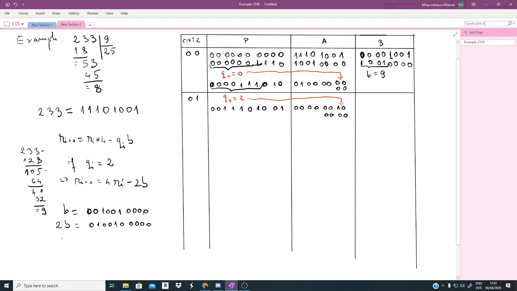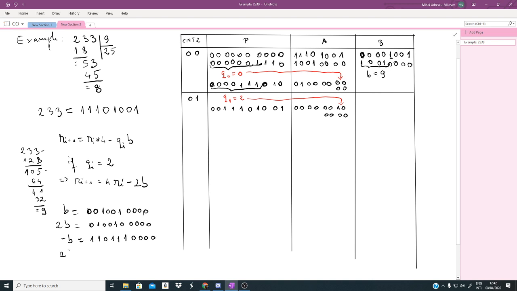Okay. Minus b would be, we put it in 2's complement as minus. So it's 1, 1, 0, 1, 1, 0, 1, 1, 1 plus 1. That's 1 and 4 zeros.